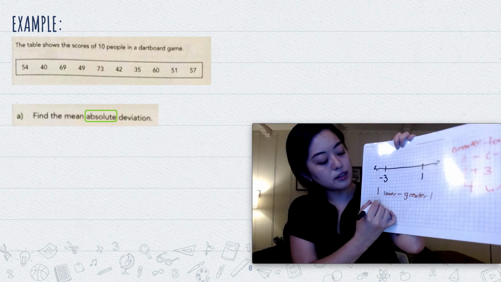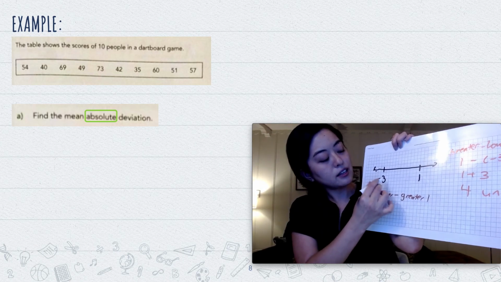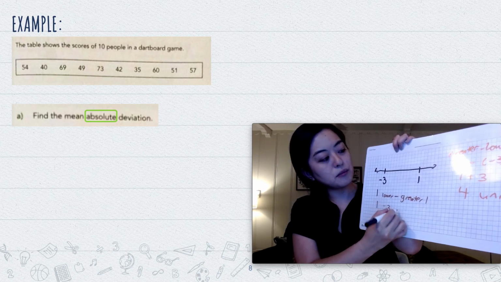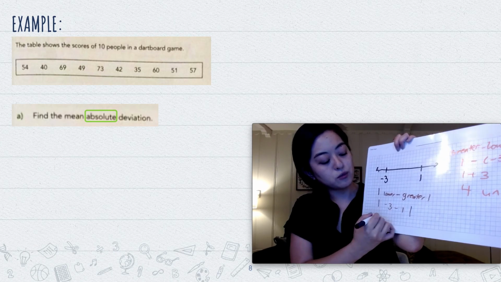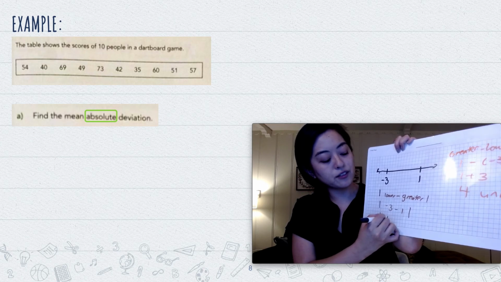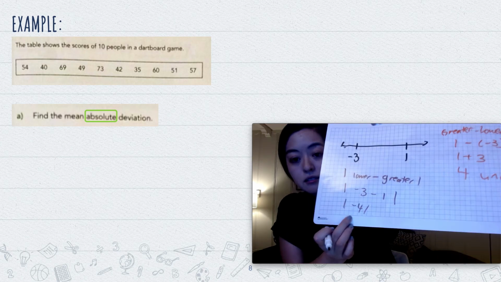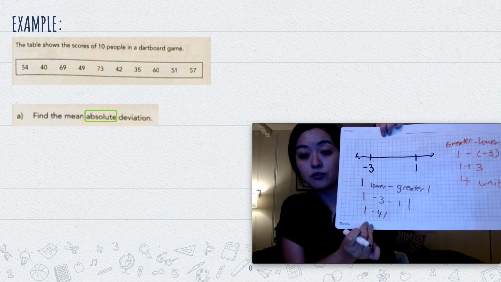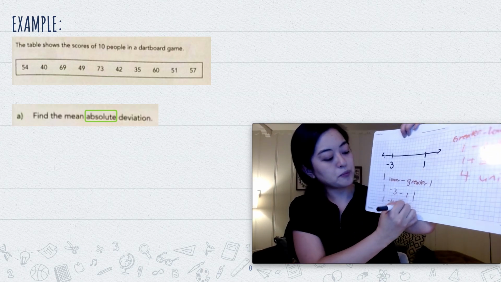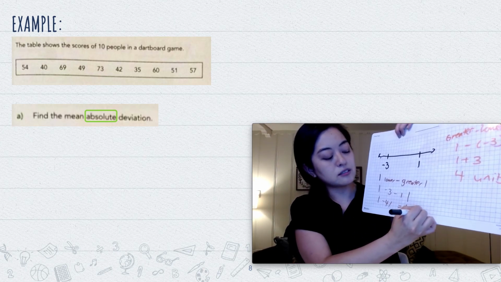It would be negative 3 minus 1, which is the absolute value of negative 4. This means, how far is negative 4 from 0? It's just 4, which is the distance.